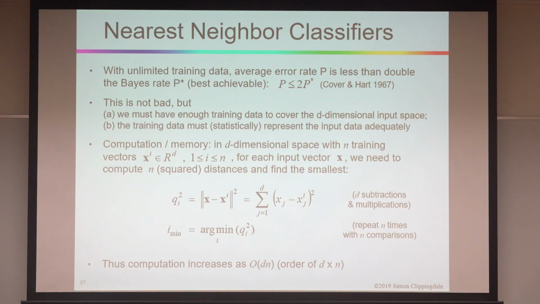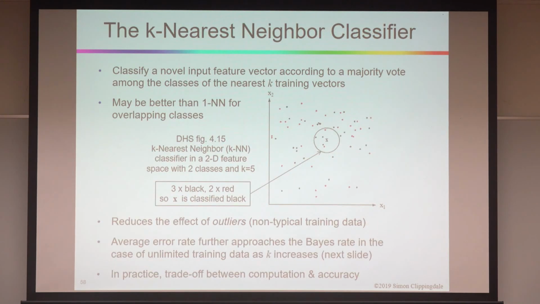Then to find the closest training vector, you need to take the minimum of these squared distances. The computation goes up with the product of d and n. This big O is order, so it's of the order of d times n, which can be rather large. The more training data you have, the bigger n is, and the more dimensions the data lives in, the larger d is. So that can be a problem.